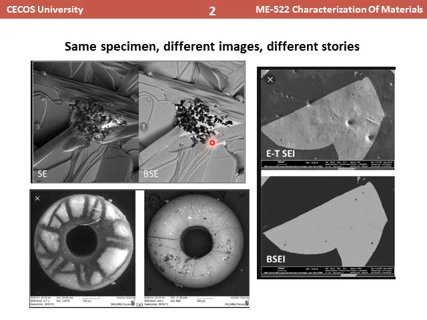The second supporting image that I have taken is the donut shape. This donut shape shows the secondary electron, whereas this donut shape of the same object is showing the image of backscattered electron.